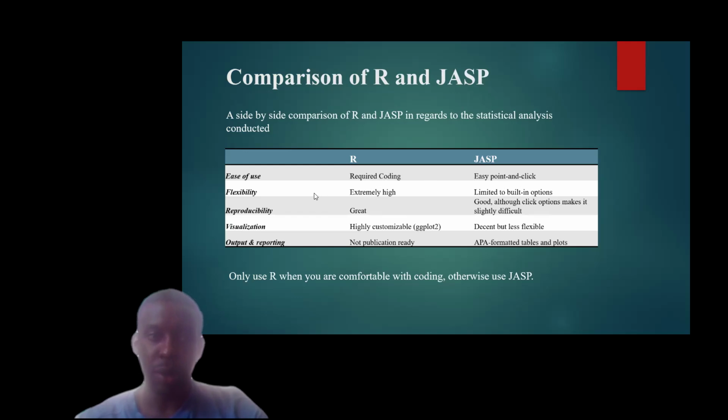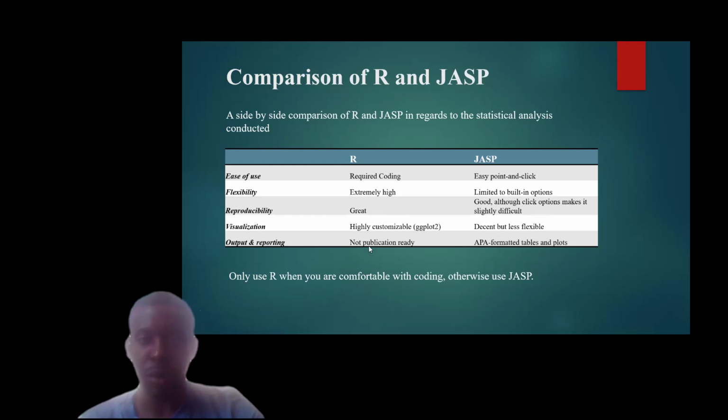Flexibility is extremely high in R, but limited to built-in options in Jamovi. Reproducibility is great in R, and good in Jamovi, although the clicking makes it slightly difficult. For visualization, it is highly customizable in R, and decent but less flexible in Jamovi.